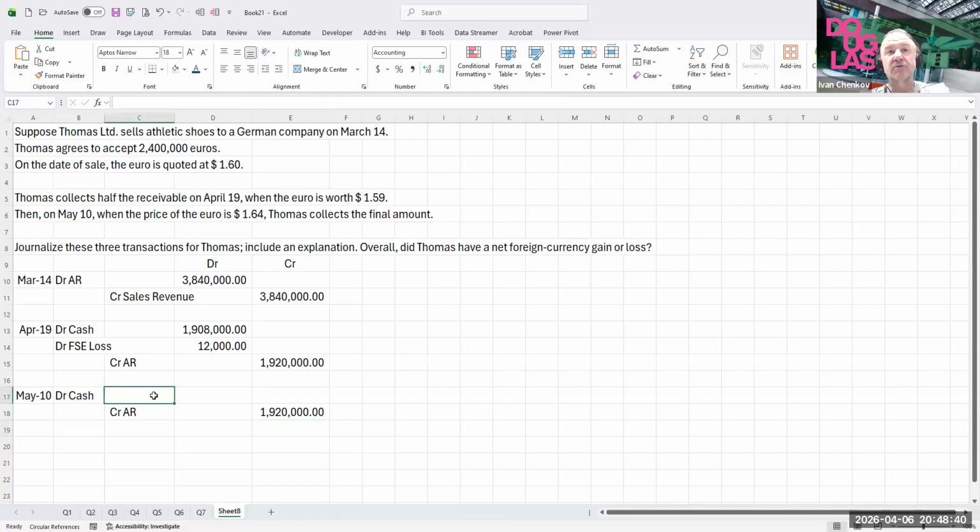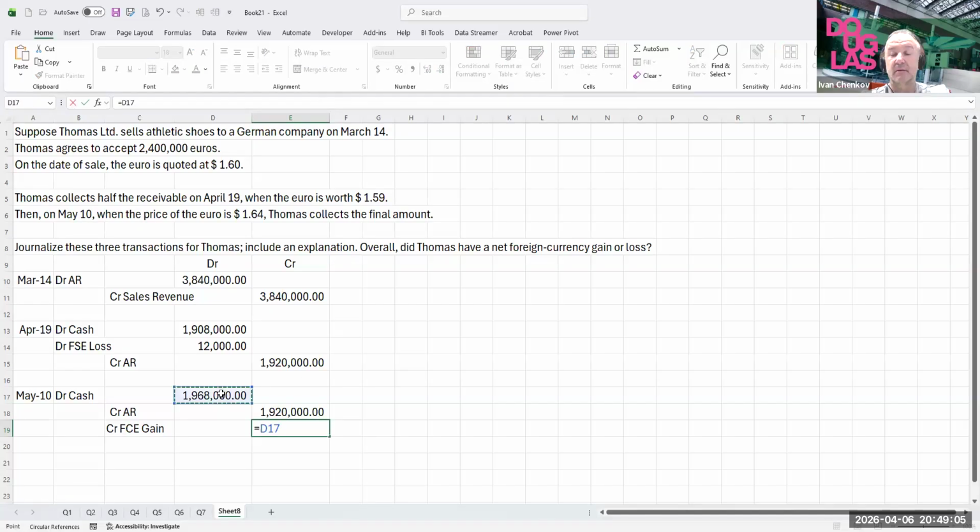Now, how much is the 1.2 million euro worth on that day? Times 1.64. As the equivalent in Canadian dollars, he's getting more. So in this case, he's going to have a credit, foreign currency exchange gain. Since we want it on the credit side, that will be our gain.